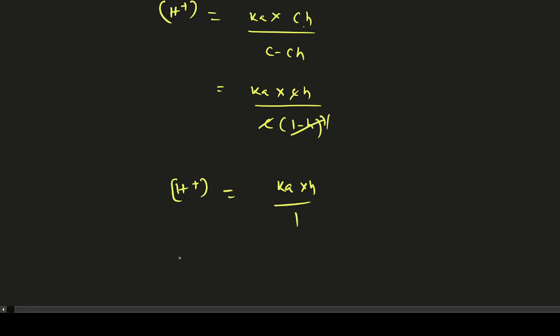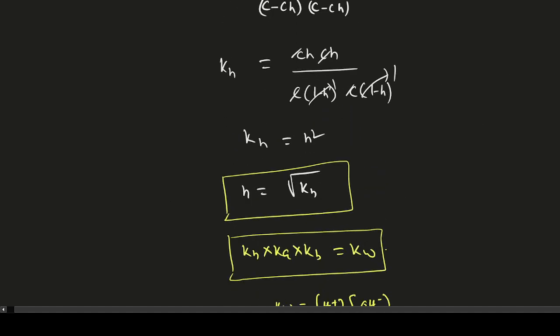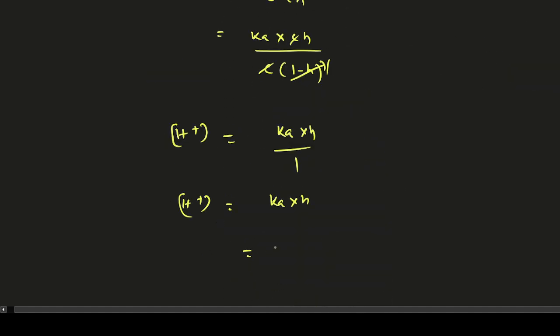And h equals root over of Kh, so that is Ka times root over of Kh.